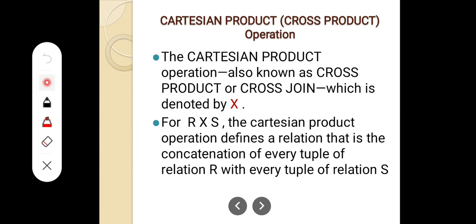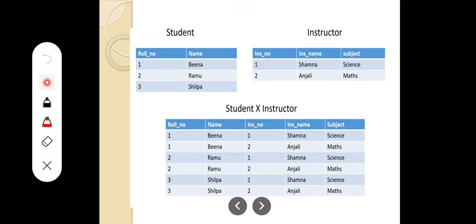So R cross S means that every tuple in R is concatenated with every tuple in S. Let us see an example. Here student has 3 rows, or 3 tuples, and instructor has 2 tuples.